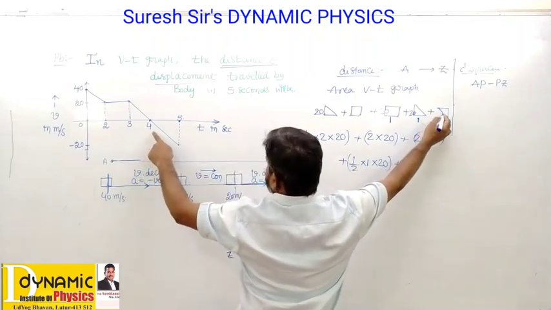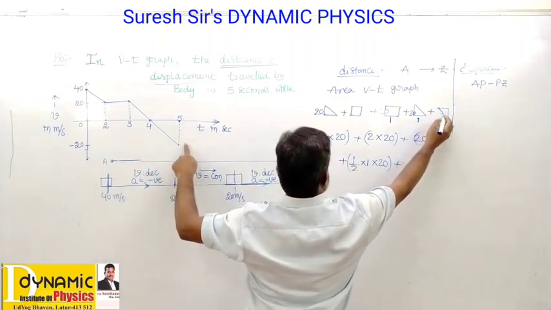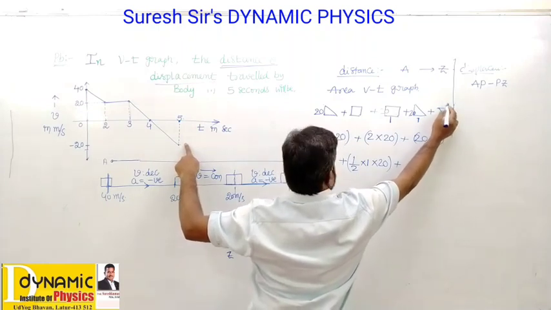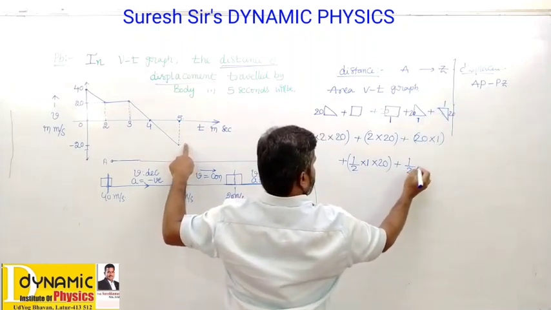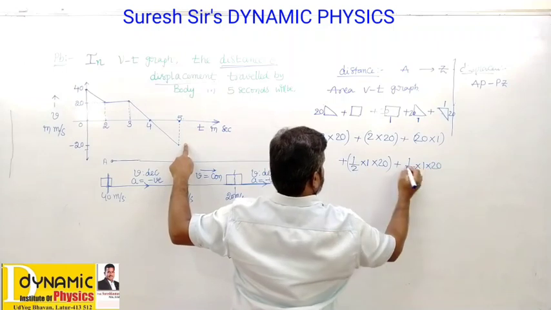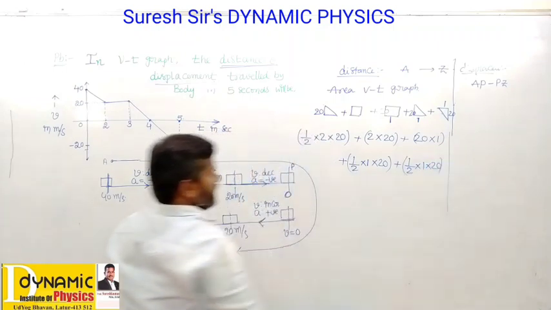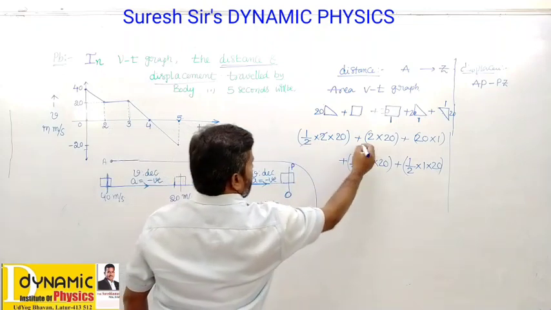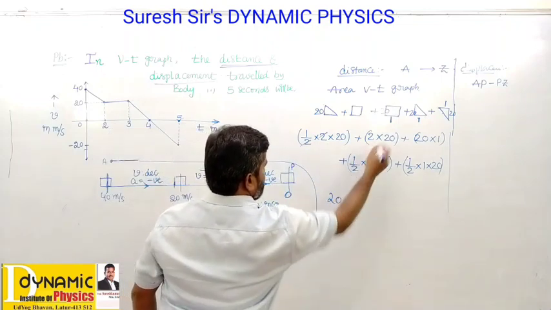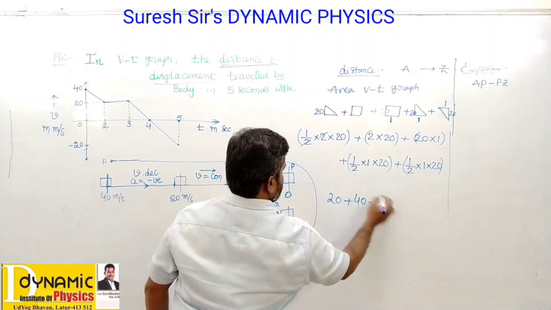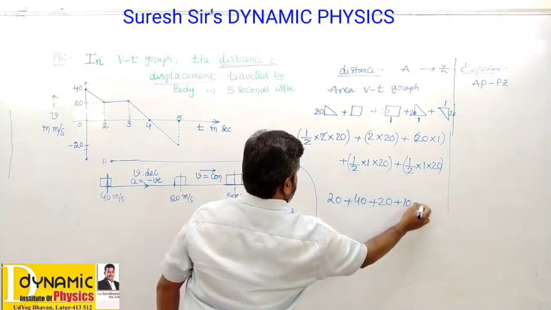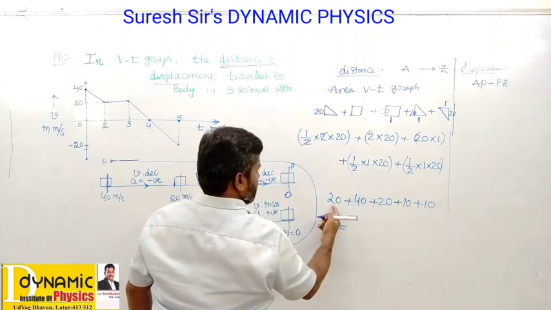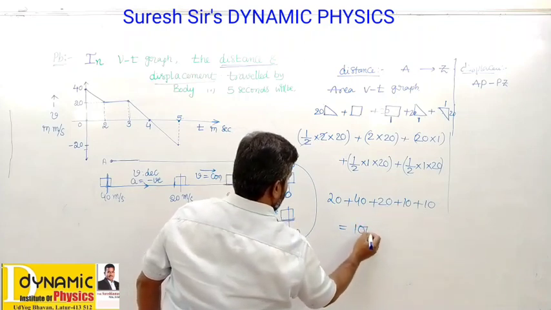Plus the remaining triangle, whose height is 20 and base equals 1, again half base into height. The addition of these values is the distance. The distance becomes 20 plus 40 plus 20 plus 10 plus 10. The total distance is 100 meter.